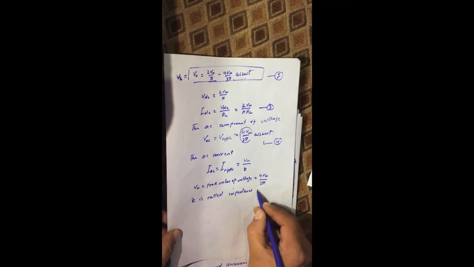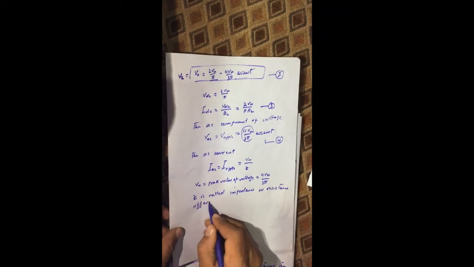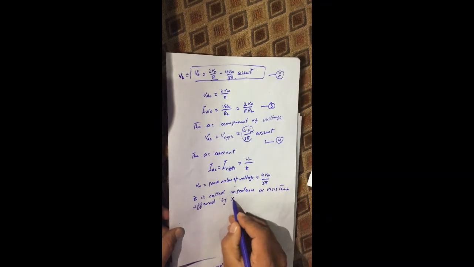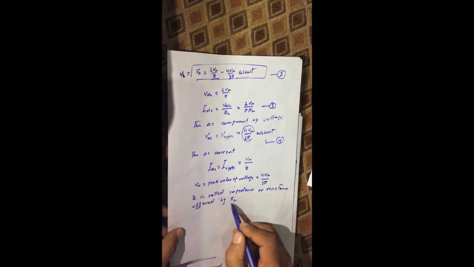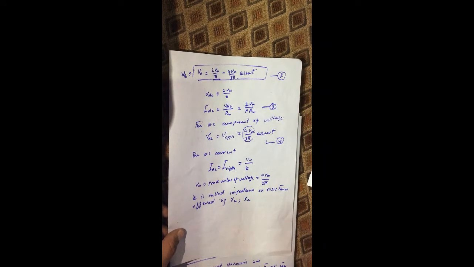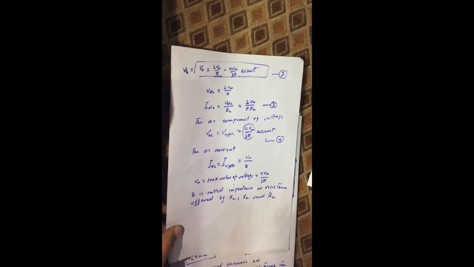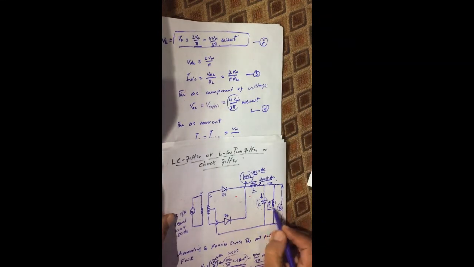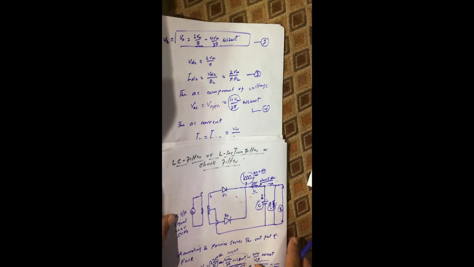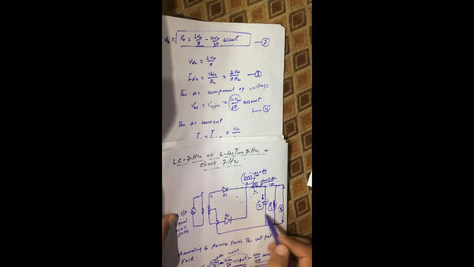The resistance offered by the inductor is called inductive reactance, or by the capacitor, capacitive reactance, and the load resistance R. Now if you look here, this load resistance and capacitor are parallel to each other, while this inductor is in series with this parallel combination.